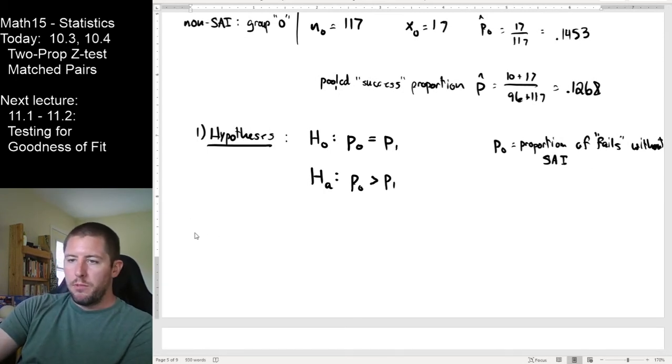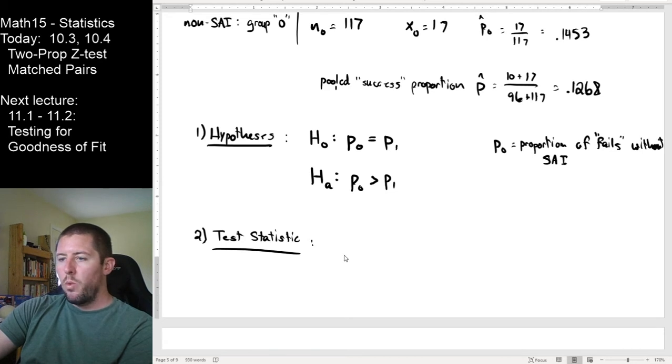So for step 2, we need to compute a test statistic. Now that we've performed the experiment, we want to compute the test statistic associated with the computation we've done here. So we've got our Z test statistic to compute.